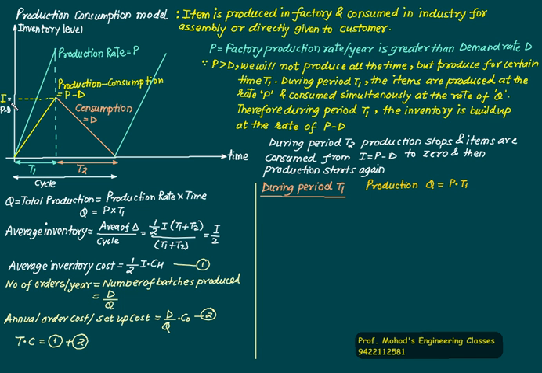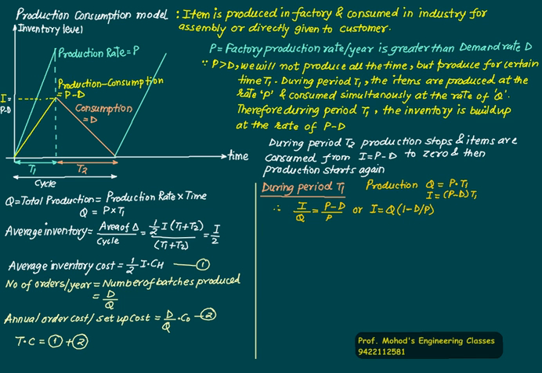So we have I is equals to the rate of production minus consumption, that is P minus D multiplied by T1. Therefore, if we take a ratio, I by Q is P minus D divided by P, or we can solve for I as Q times P minus D upon P. So P minus D over P is 1 minus D by P. So I equals to Q times 1 minus D by P.